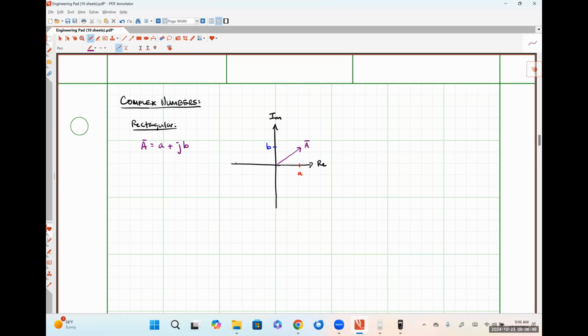So I have a distinct real part and a distinct imaginary part.